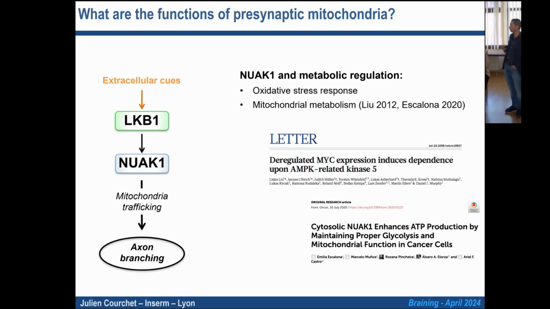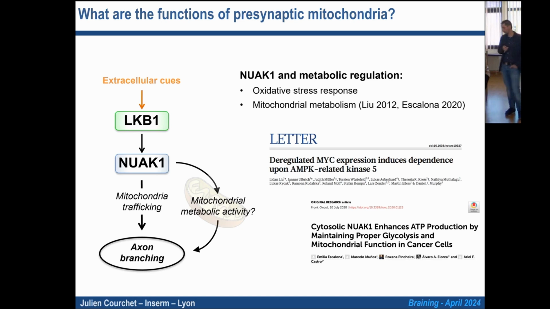So the next step is, those mitochondria are so important for the stabilization of the branches, what is their function? Mitochondria are important for the generation of many metabolites, but also for the regulation of calcium and for signaling events. So we got interested in metabolic regulation. One of the reasons is that LKB1 and NUAK1 are important for metabolism in cancer cells.